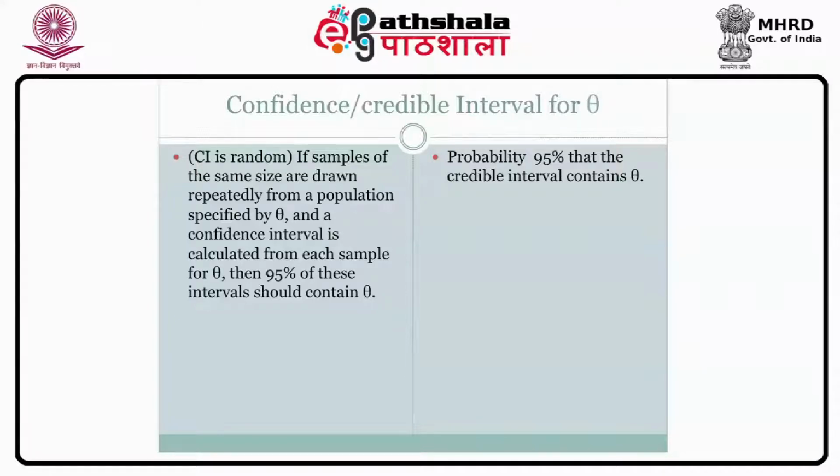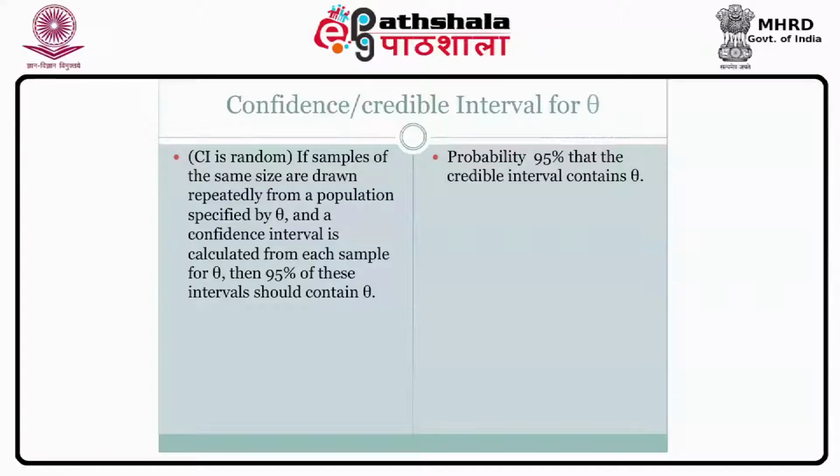If samples of the same size are drawn repeatedly from a population specified by the parameter theta and a confidence interval for theta is calculated, then the interpretation in the Fisherian ideas is that out of 100 such sets of samples, in just 95 cases the parameter theta is contained in the corresponding interval. Note that in that case, the interval varies from sample to sample.